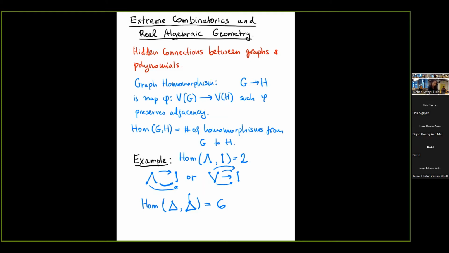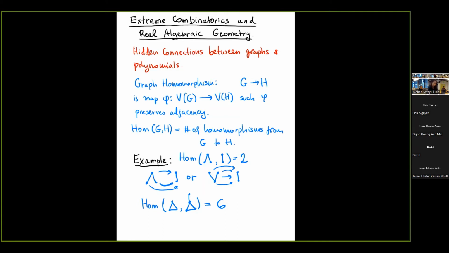But there is a slightly different notion of how to count the number of copies of a certain subgraph, and that goes under the name of graph homomorphisms. So what is a graph homomorphism from a graph G to H? It's a map from vertices of G to vertices of H that preserves adjacency.